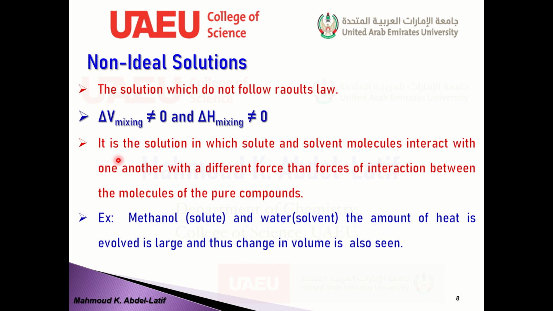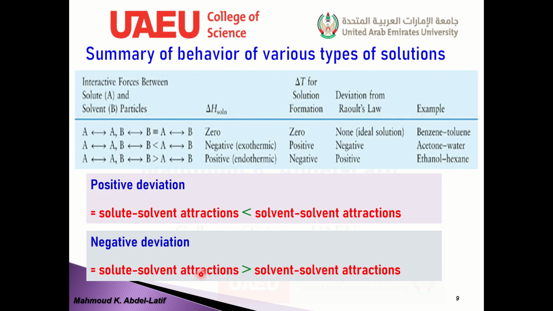The non-ideal one is a solution in which solute and solvent molecules interact with each other with different forces than the forces between the pure substances. For example, methanol and water form a non-ideal solution. The amount of heat evolved is larger, and thus a change in volume is also seen.